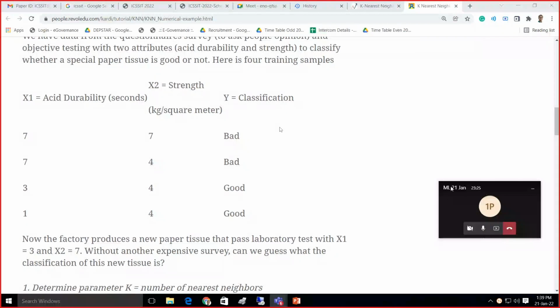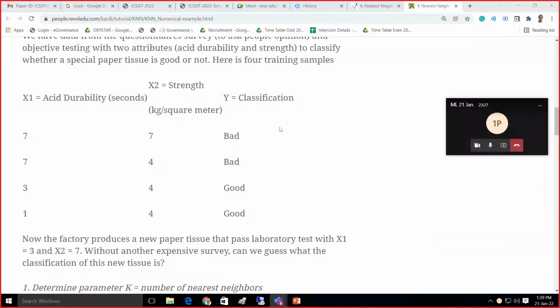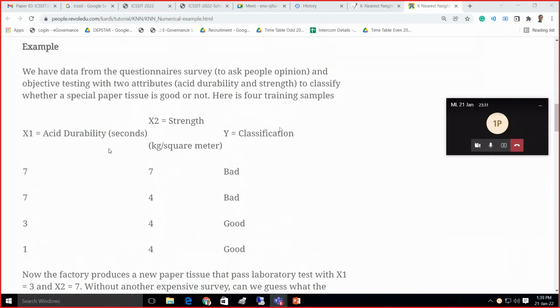Okay, so here you have one more example.